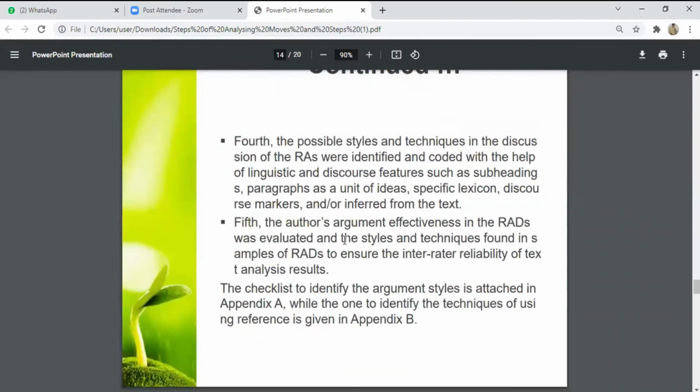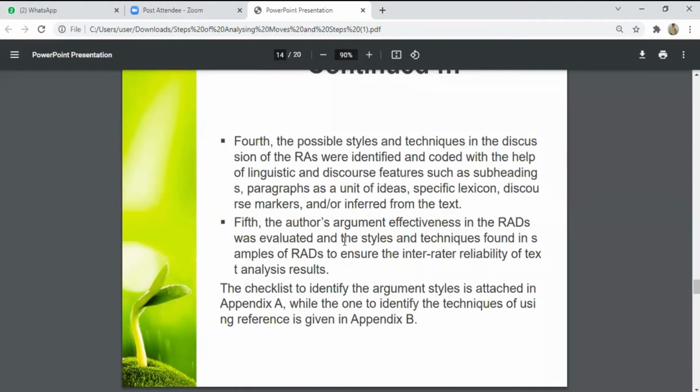Number four, the fourth step: the possible styles and techniques in the discussion section of the research article are identified and coded. We find the moves and steps after reading the article several times, by looking at the model and the description of the model, by looking at the units of ideas, sentences or clauses.